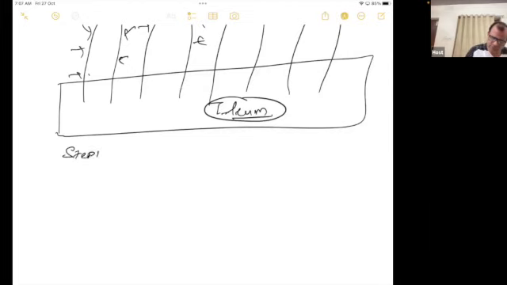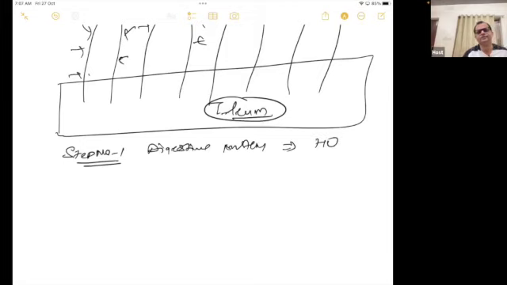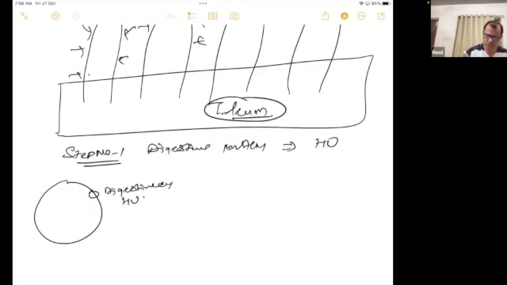Step number 1, choosing the digestive system. हमने digestive system का चयन कर लिया, means we have selected the humidity. We already know the digestive system is the humidity. Now the step number 2, selecting the jejunum and ileum.